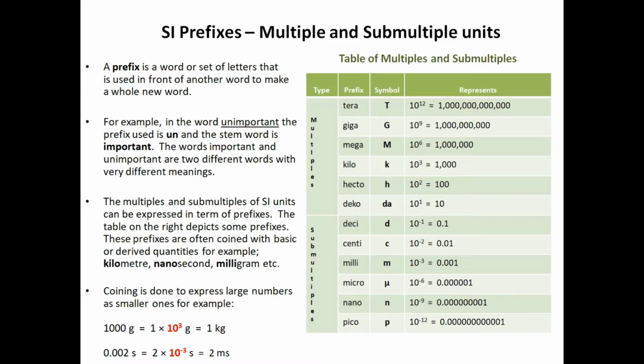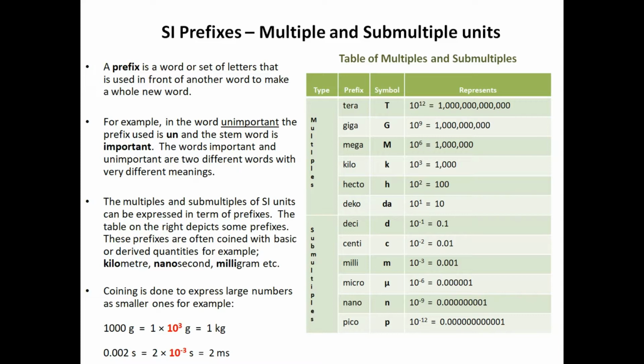So moving on to SI prefixes, multiple and submultiple units. A prefix is a word or set of letters that is used in front of another word to make a whole new word. For example, in the word unimportant, the prefix is un, and the stem word is important.